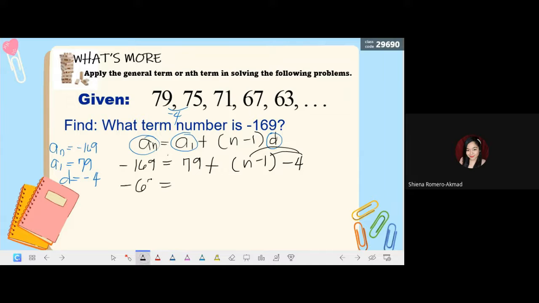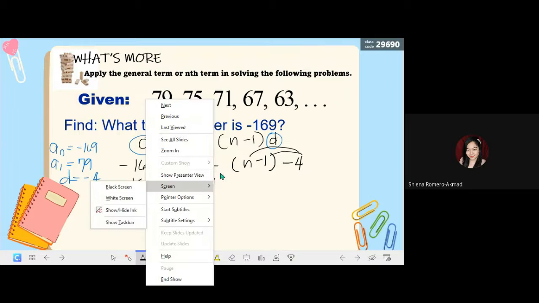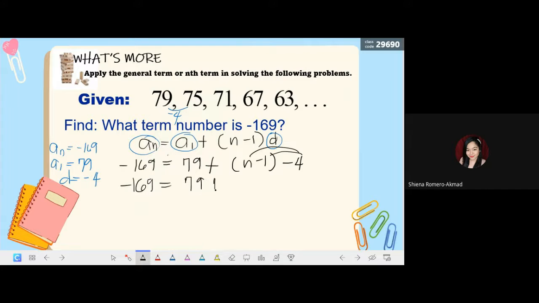So that's -169 equals 79 plus or minus -4n plus 4. So add natin to. 79 plus 4 is 83.